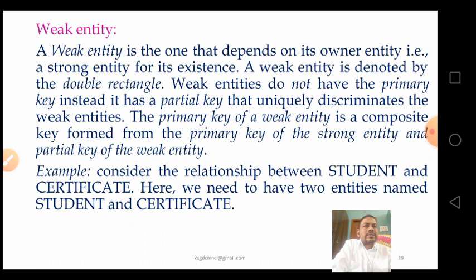That is, a strong entity for its existence. A weak entity is denoted by double rectangle.